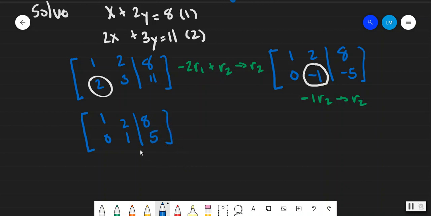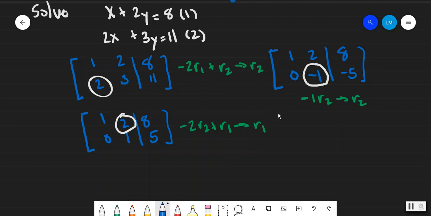Now I want to get this right here to be a 0. The only option that we have is negative 2 times row 2 plus row 1, and that gives us a new row 1.